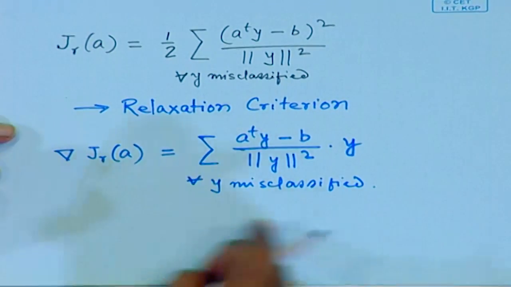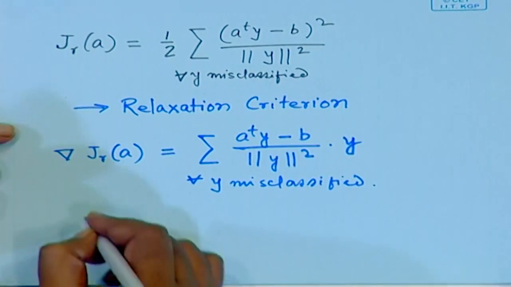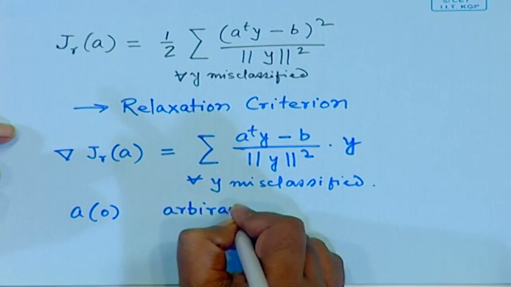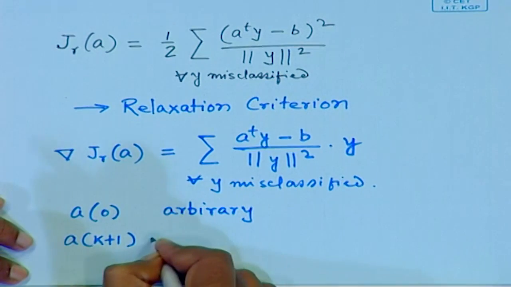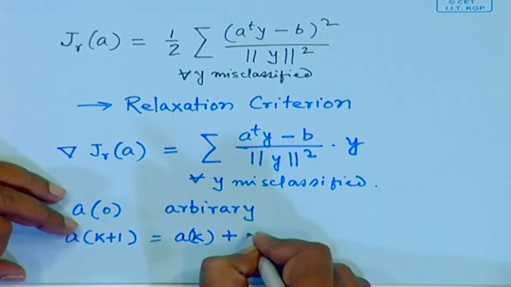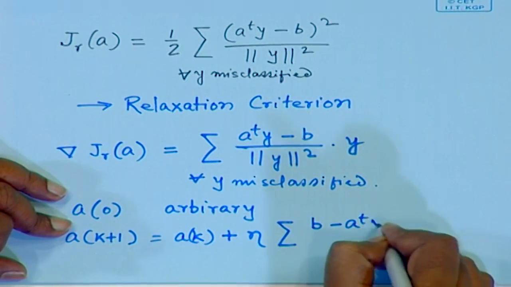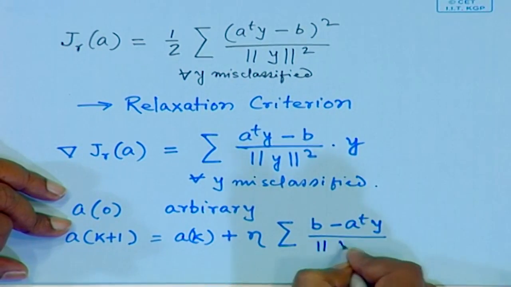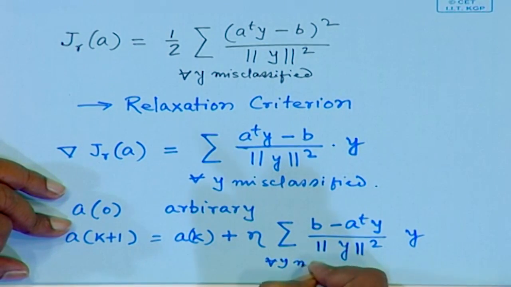So, when I do this, again my algorithm remains the same, that is, I choose A0 arbitrarily, and to decide about A(k+1), I simply take A(k) plus eta times summation of, this becomes B minus A transpose y, because actually it is A(k) minus this in gradient descent procedure, upon mod of y square times y, again for all y which are misclassified.